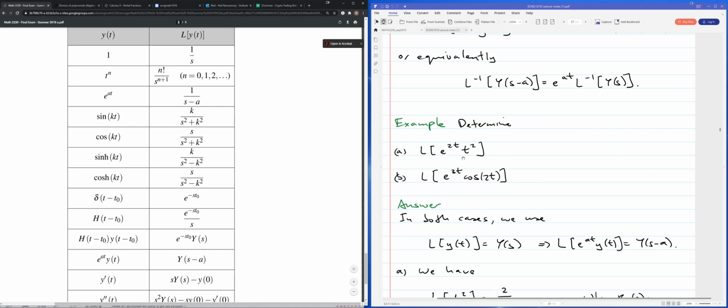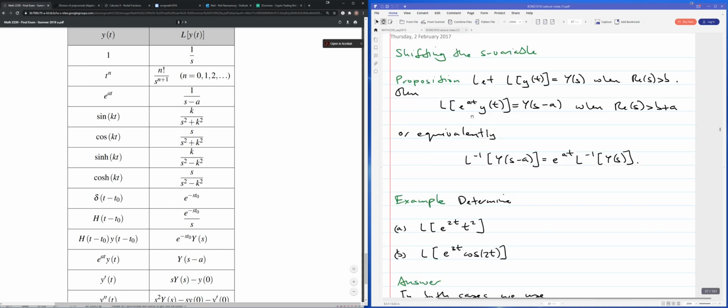We can get the Laplace of t to the power n using the formula here, or the Laplace of an exponential, but this product, exponential times t squared, is not on the left hand side of this table. So to work this out, we're going to use this formula: the Laplace of the exponential times y of t is Y(s minus a).